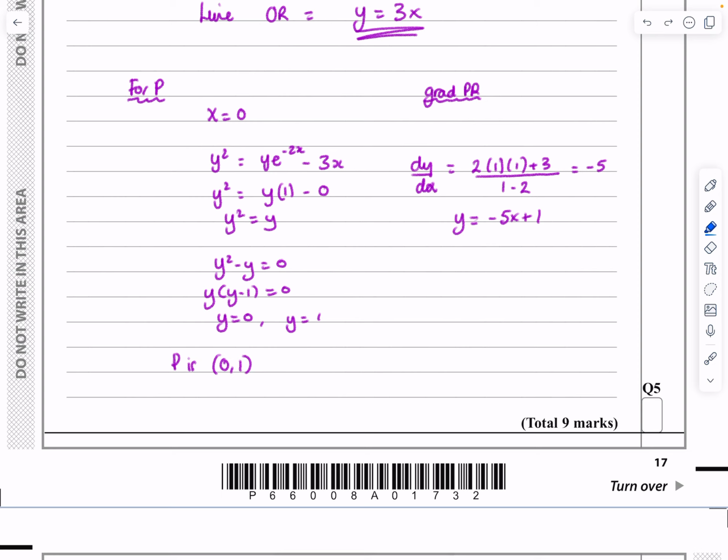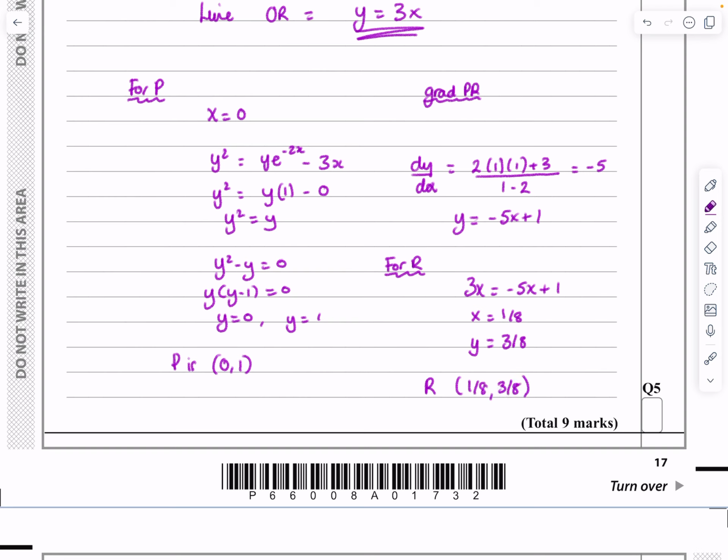So for R, we're going to say it's where 3x is equal to minus 5x plus 1. That works out to be x equals an eighth. y is 3x, so y equals 3/8. So my final answer is R equals an eighth, 3/8.